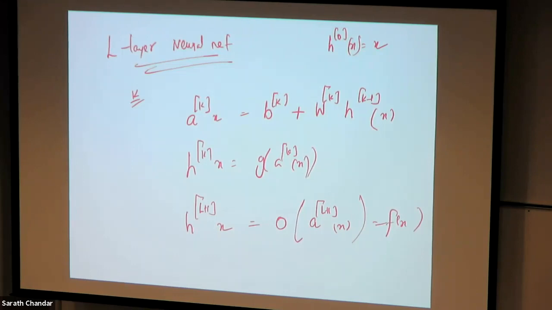So we still haven't seen how to learn these parameters. We are still talking about how to construct these neural networks. Is L only the number of layers between the input and output, or does it include the input and output?